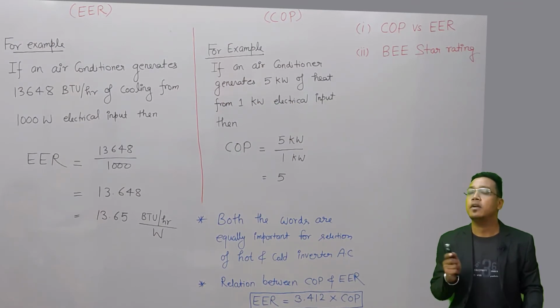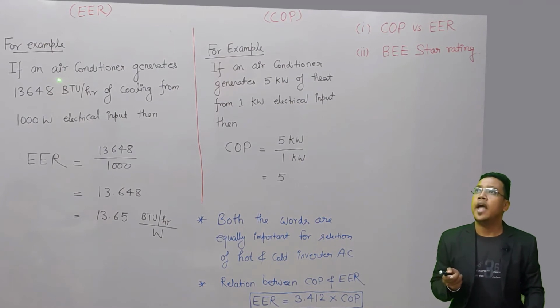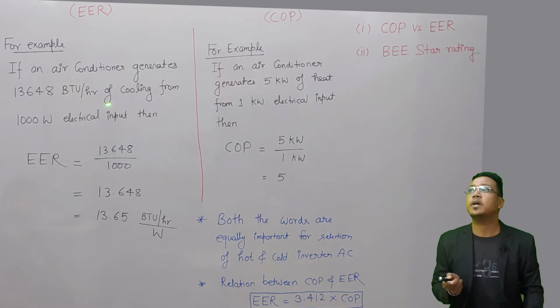Remember here two terms, an air conditioner and an air conditioner. In EER, an air conditioner generates this much of cooling. Remember this thing. An air conditioner generates this much of cooling for EER.